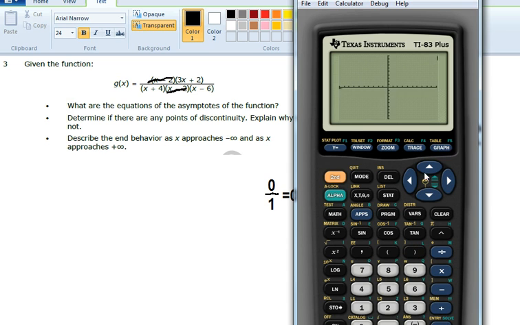Now I'm going to graph it and see what it looks like. Okay, you see how it's not crossing this line on the ends? That's because that's the horizontal asymptote. It does actually cross it here, but not on the ends. And then we have our vertical asymptotes here and here at negative 4 and positive 6. Okay, so now I can answer my questions.